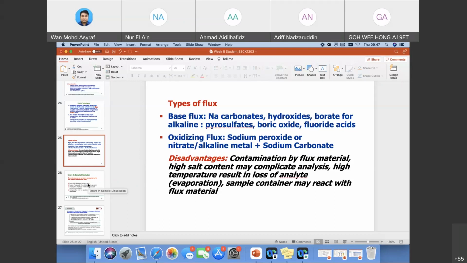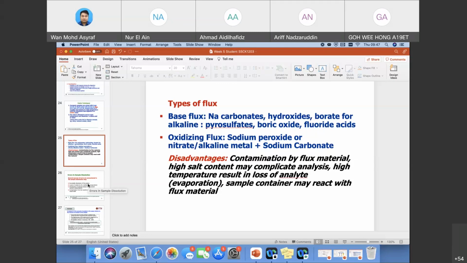But the disadvantage of using flux is contamination by the flux material, as we have looked at before. For example, with digestion using acids, if your acids are not of very high purity, then it will introduce contamination.